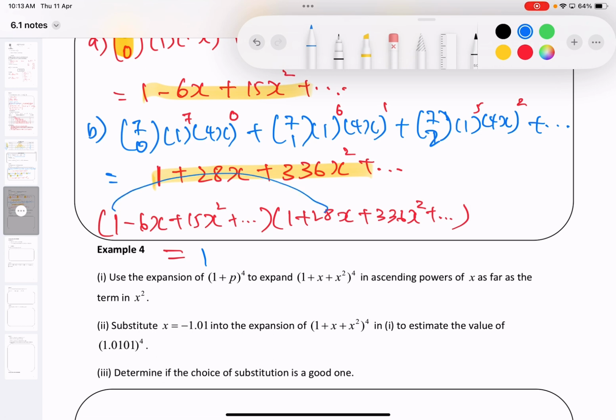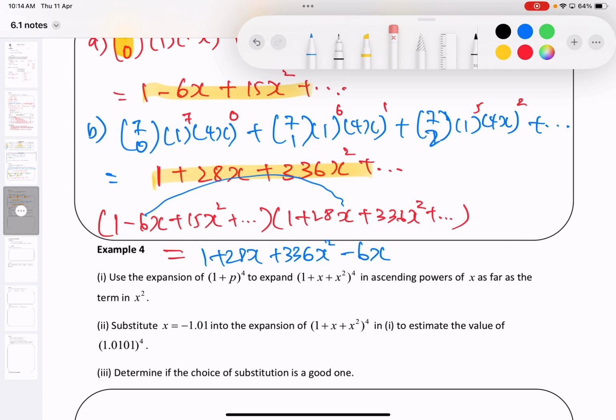I have 1 times 28x, still less than that. 1 times 336, so plus 336x squared. Let's move on to the second one. Negative 6 times 1, it's still going to be less than that. How about the next one? Negative 6 times 28x, that is still equal to x squared or less than.